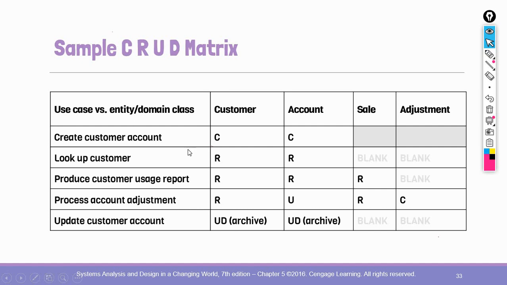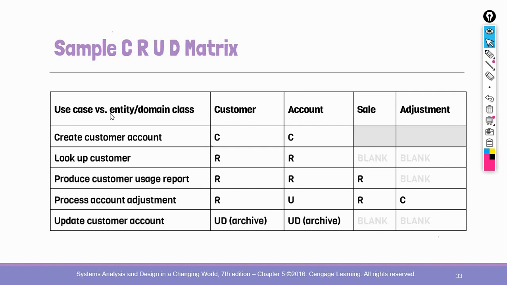The use case process account adjustments reads information about the sale, reads information about the customer, updates the account, and creates an adjustment.